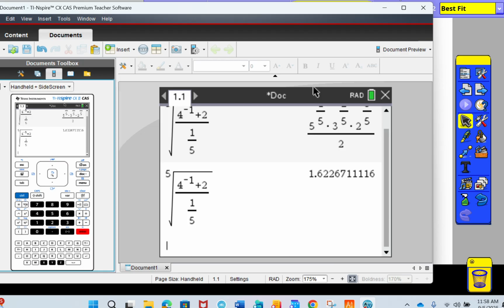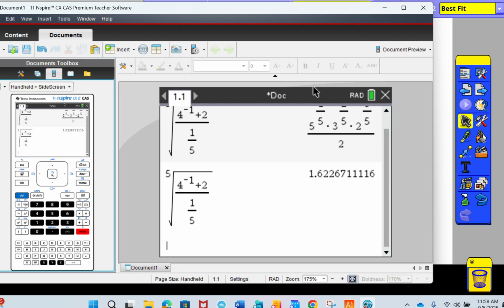Okay, here's what my calculator looks like. It looks exactly like the problem. I've got the fifth root, and then I've got that fraction underneath. 4 to the negative first, plus 2 is my numerator, all over 1/5. Now, I use another fraction bar in the denominator. You can do that, or you can type it in as 1 divided by 5.